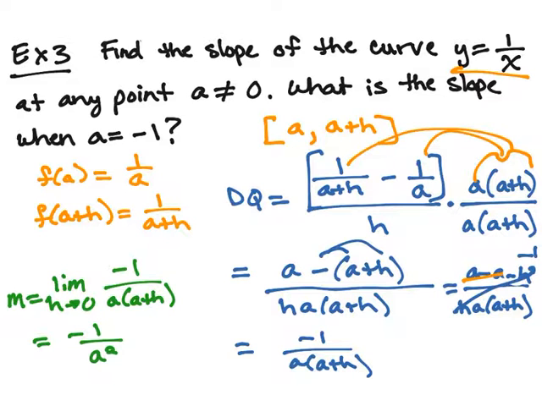So you're going to do the limit of the difference quotient? Yes. Okay, so we found the slope of the curve at any point A, because now it's in terms of A, but they asked us, what is the slope when A equals negative 1? Okay, fine. My slope when A equals negative 1 would be negative 1 over negative 1 squared, which is negative 1.